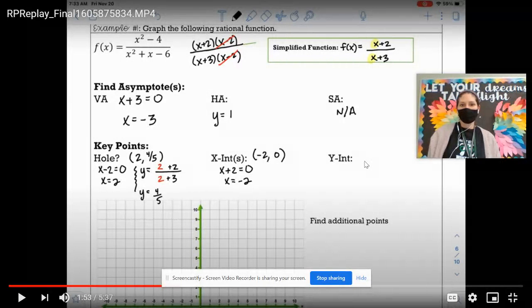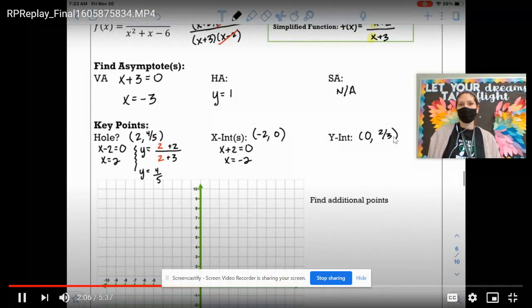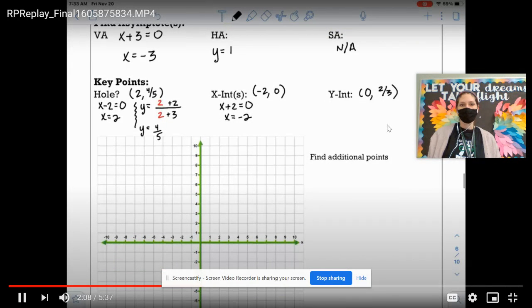Last, your y-intercept, plug in 0 for x to find that y-intercept. So if I plug in 0 plus 2 over 0 plus 3, my y-intercept is going to be at that ordered pair 0, 2/3.